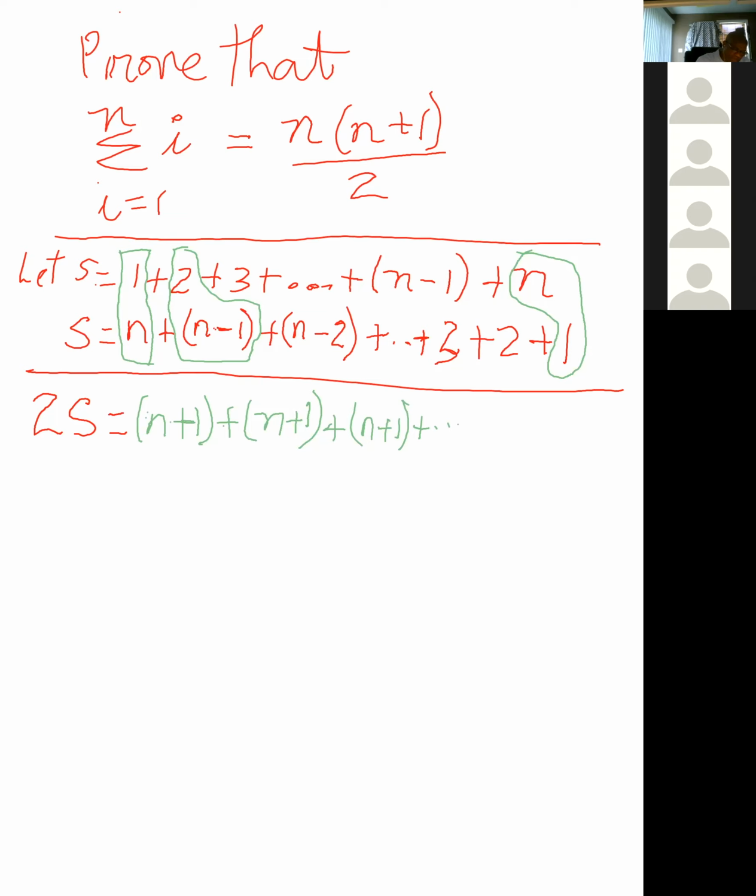And the last two terms, this 2 plus n minus 1 is going to give us n plus 1. And the last term is going to give us n plus 1.